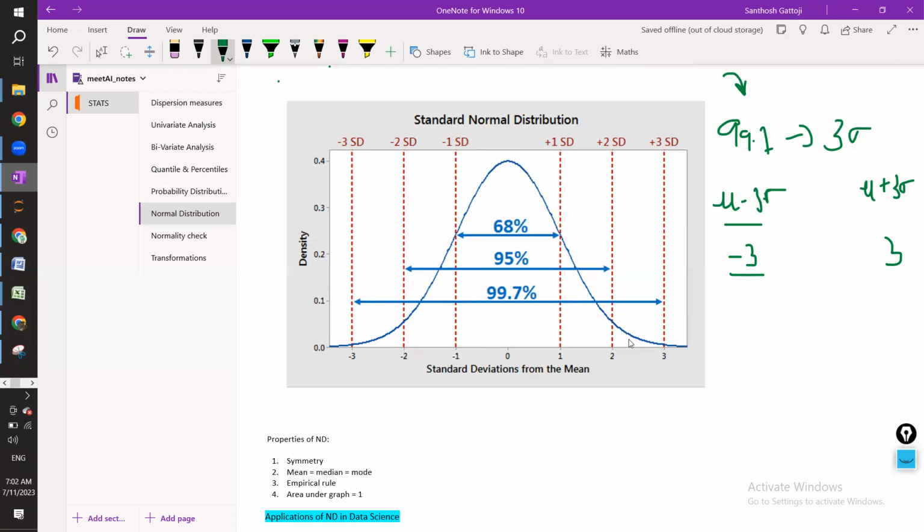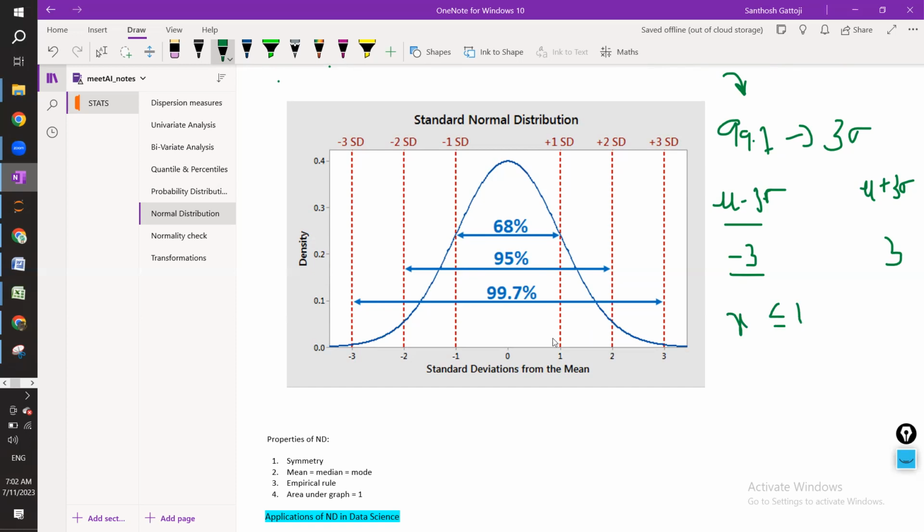What is the probability, if this is a standard normal distribution, to find a value x less than or equal to 1? What will you do, guys?